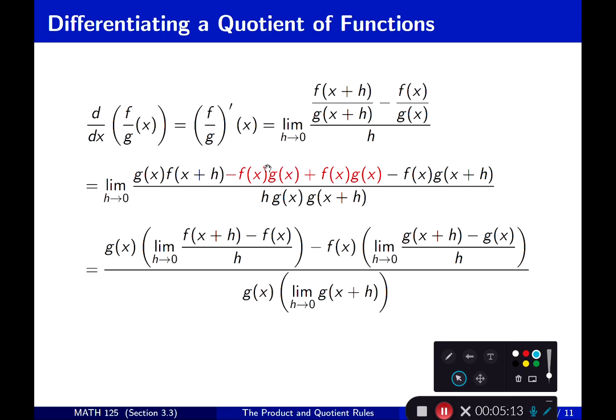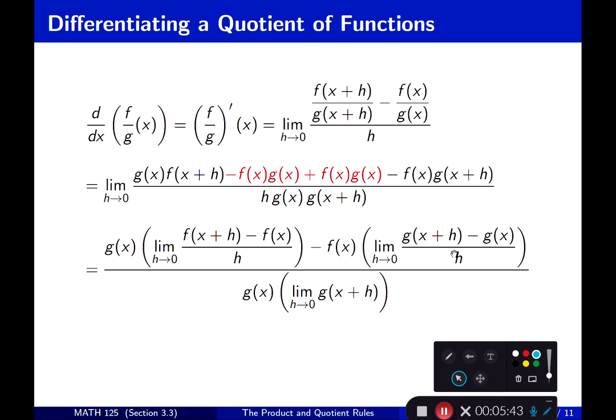Over here, out of these two terms, again, g of x is constant and comes out of the limit. And over here, f of x is constant with respect to h, and it comes out of the limit. Now you can clearly see g of x times the limit definition of f minus f of x times the limit definition of g, divided by g of x times the limit as h goes to 0 of g of x plus h.